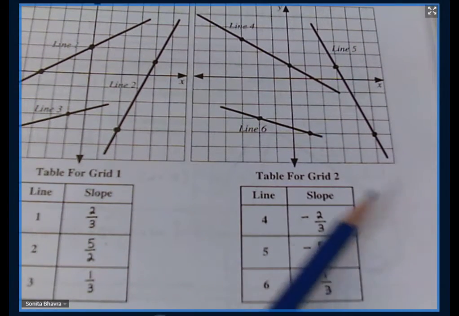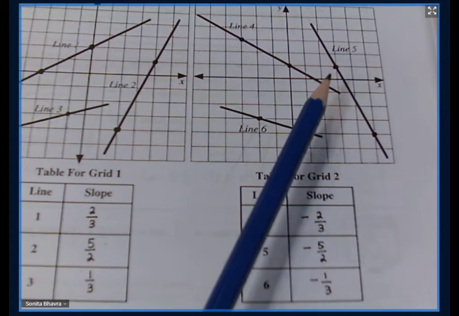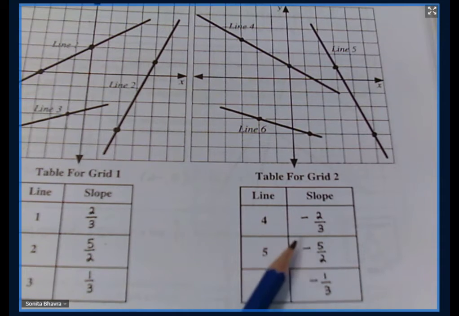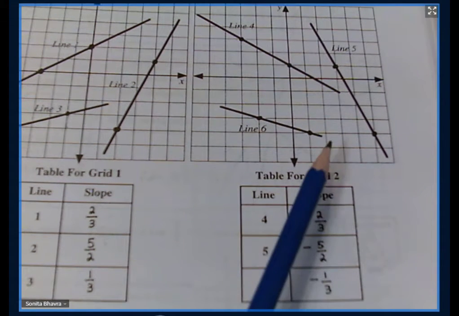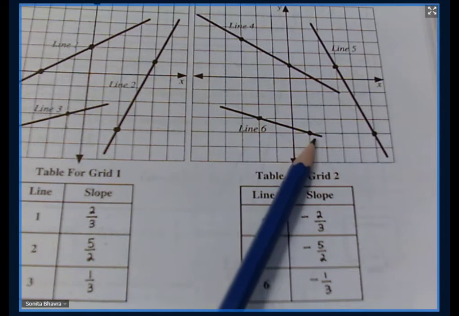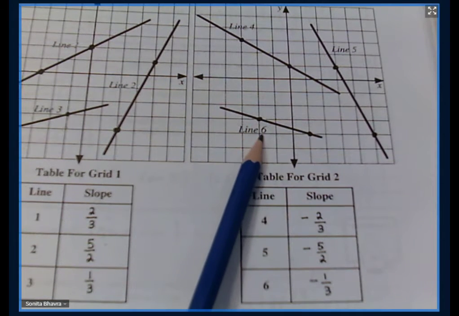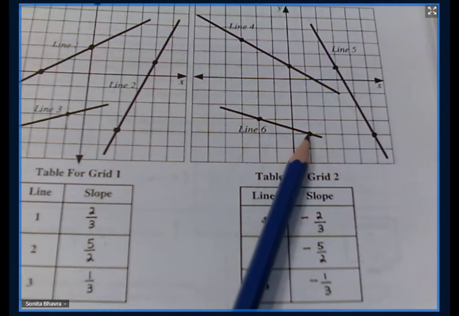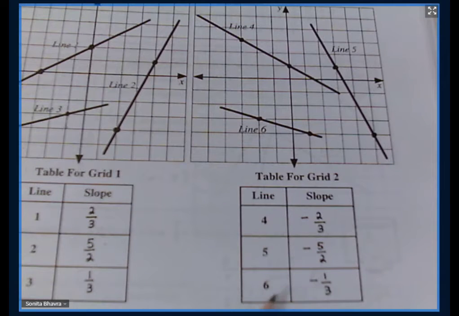Line 5, again, it's going down, counting down 1, 2, 3, 4, 5. So -5 for our rise, and our run is 2. So -5 over 2 is the slope. And the last one, line 6, is going down as well. Our rise is -1, and going over to the right, 1, 2, 3, our run is 3. So our slope is -1 over 3.